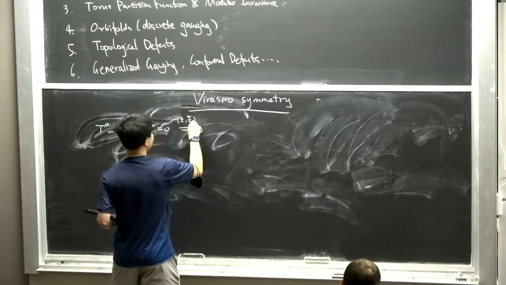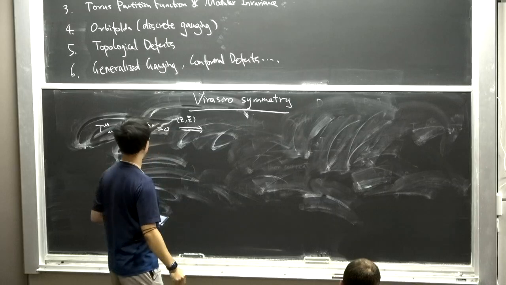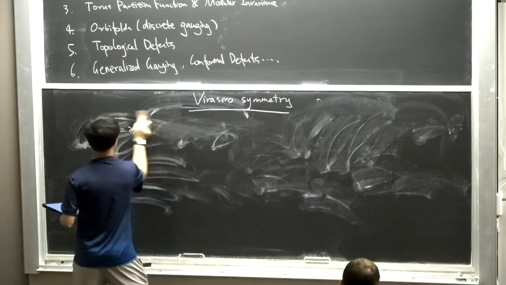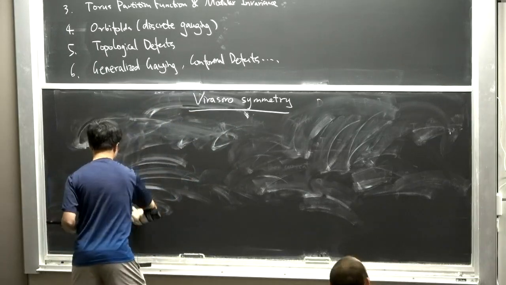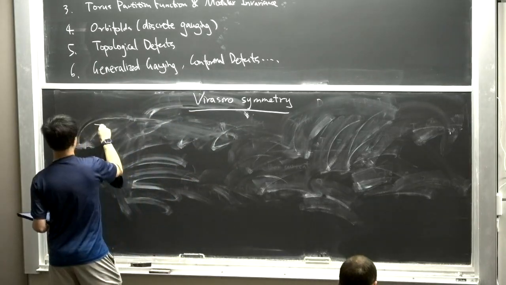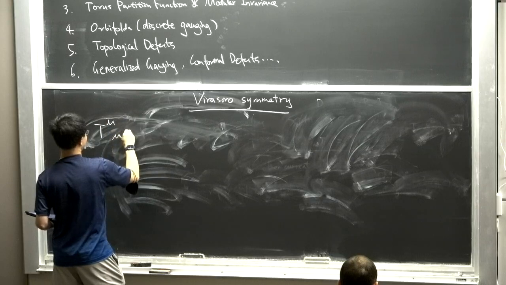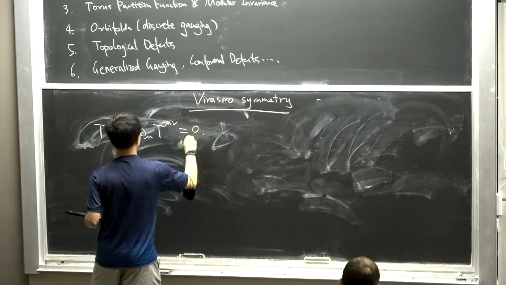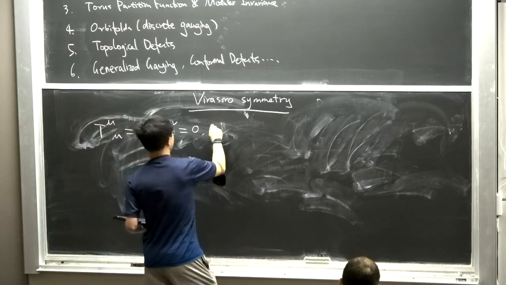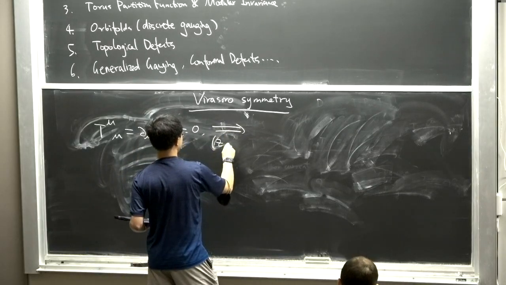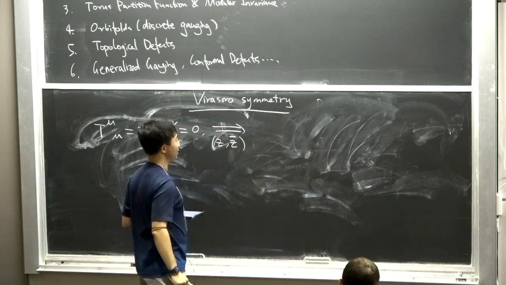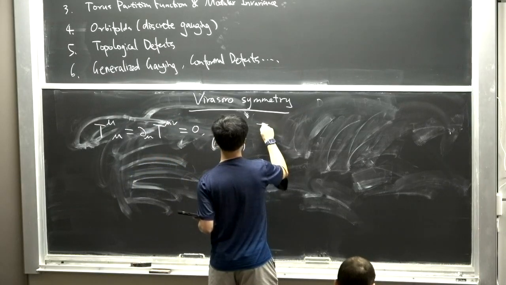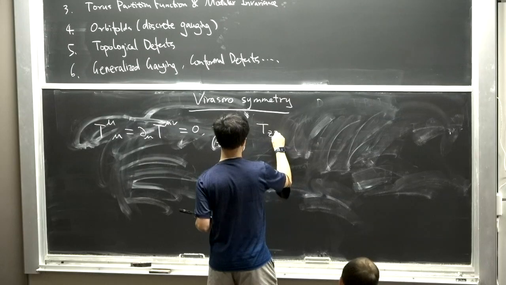In terms of the coordinates that we introduced, that are most convenient in 2 dimensions, the complex coordinates z and z bar, this boils down to the condition that this component of the stress tensor is 0.